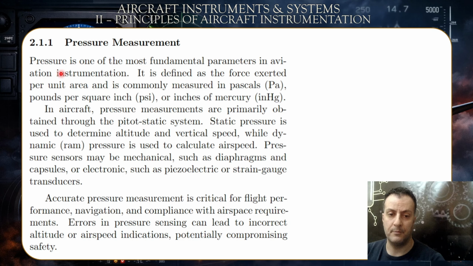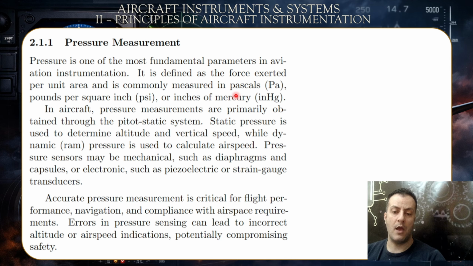Pressure measurement. Pressure is one of the most fundamental parameters in aviation instrumentation. It is defined as the force exerted over a surface area, force exerted per unit area, and is commonly measured in Pascal or Pa.